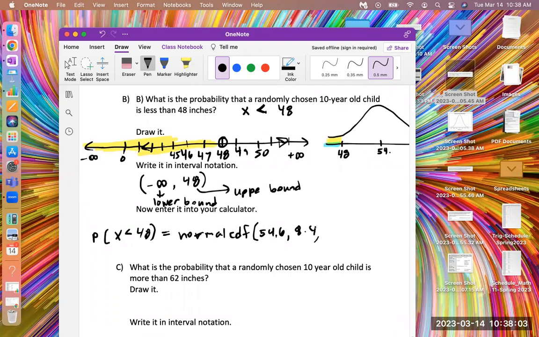But now we put the lower bound in, and this is where it gets hard. The calculator will not understand negative infinity in those calculators. I think if you're using a class calculator, you can put negative infinity. But what normally happens is you put a very large negative number. And -1E99 means -1 times 10 to the 99th power.